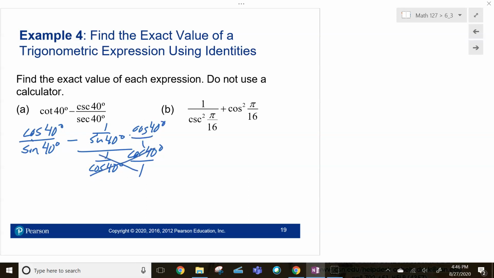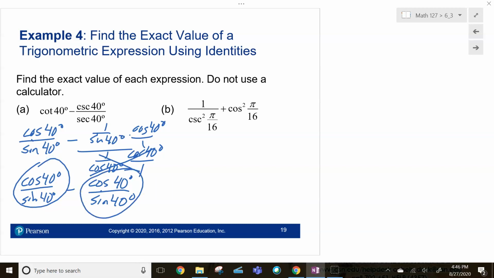So I got cosine of 40 degrees times 1 over 1 times sine of 40. So I got cosine 40 over sine 40. In other words, cotangent of 40 degrees minus cotangent of 40 degrees. It's like 3 minus 3. What do I have? 0.